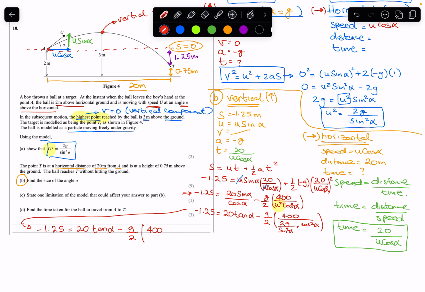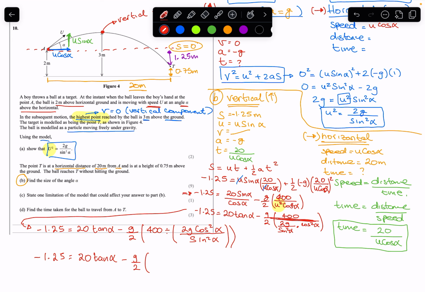We can write 400, and you have that big division sign, which we can rewrite as just a division sign like this, and we can simplify the denominator. So the denominator simplified gives me 2g cos squared alpha all over sine squared alpha. I close both brackets, and let's go to the next line. So minus 1.25 is equivalent to 20 tan alpha minus g over 2 bracket.